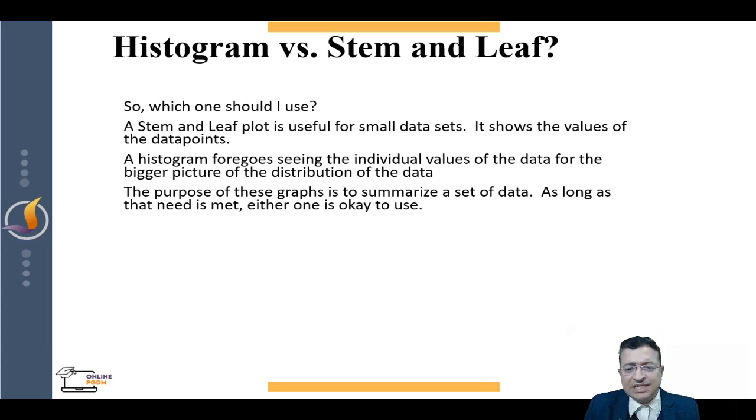The purpose of this graph is to summarize a set of data. As long as that need is met, either one is okay to use. So in a nutshell, if data is very large, it would be difficult to handle it through stem and leaf. We will have to take help of histogram.